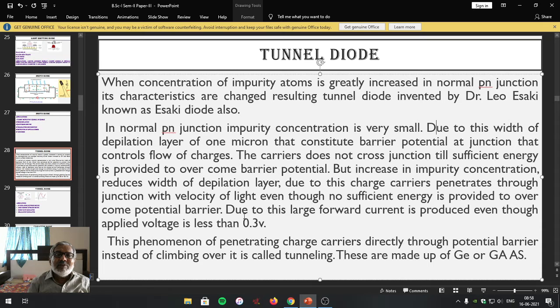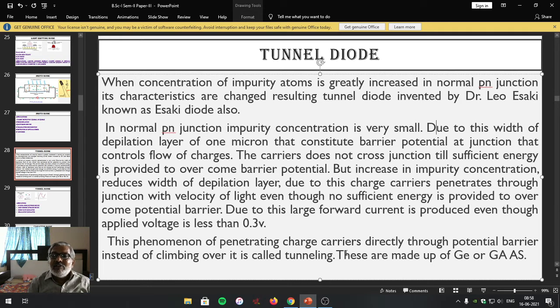So friends, due to this, a large forward current is produced even though the applied voltage is less than 0.3 volt, or 0.7 volt for silicon. This phenomenon of the charge carriers penetrating directly through the potential barrier instead of climbing over the junction is called tunneling.